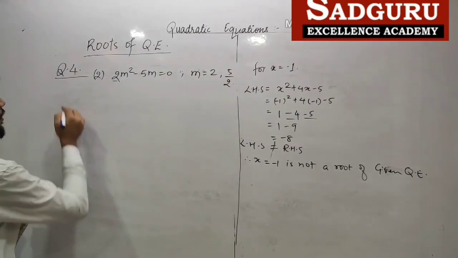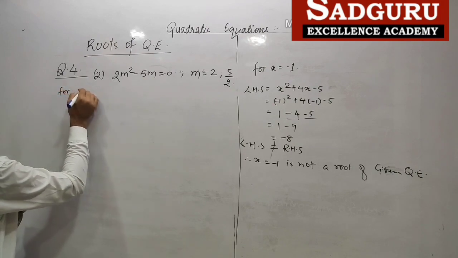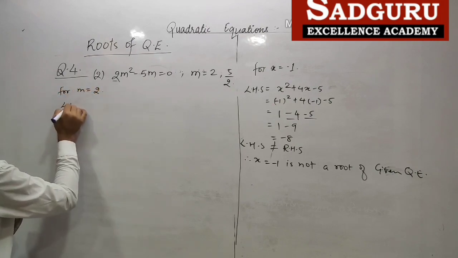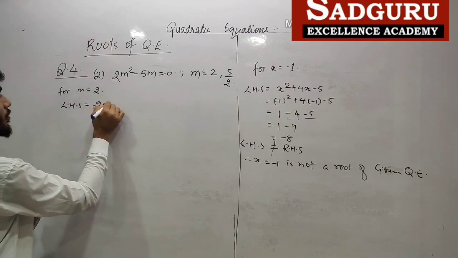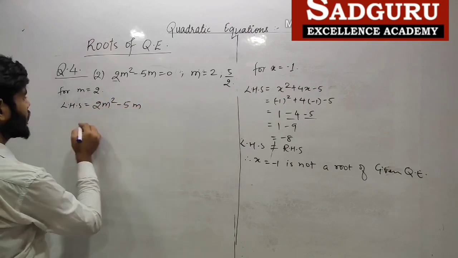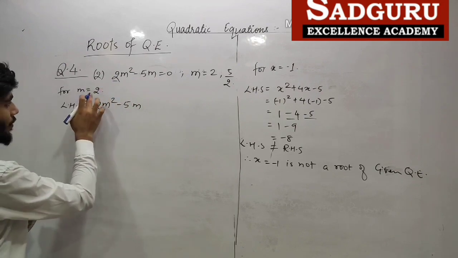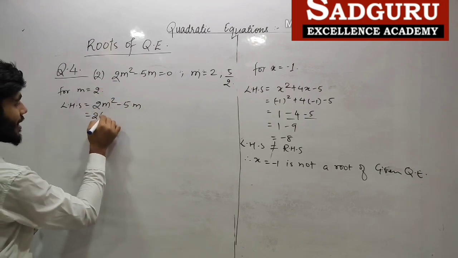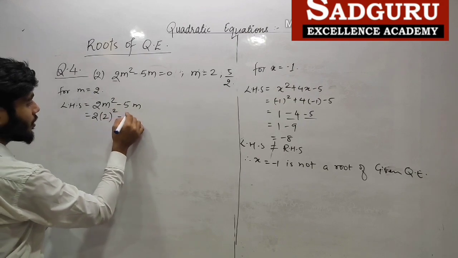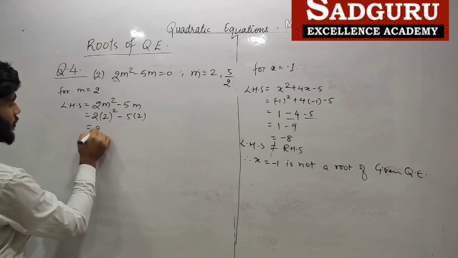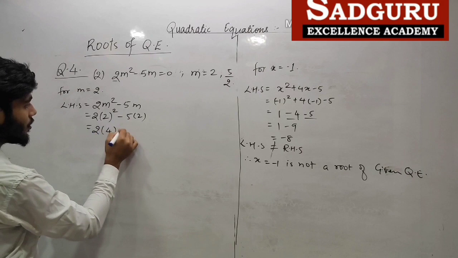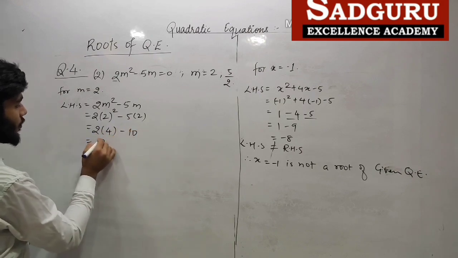So let's check. First, for m equals 2, first write down the LHS. LHS means left hand side, and now putting the value m equals 2. Wherever there is m, we have to put 2 instead. So 2 times 2 square is 4 times 2, which is 8, minus 5 times 2, which is 10.